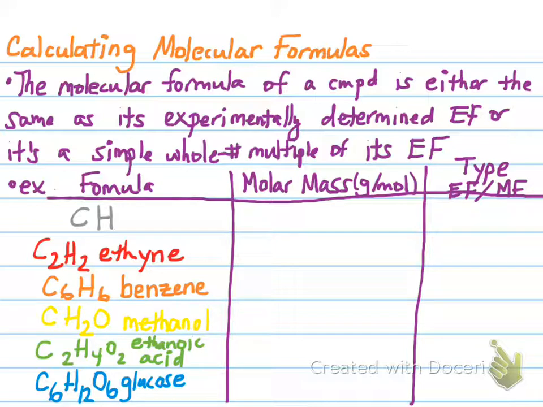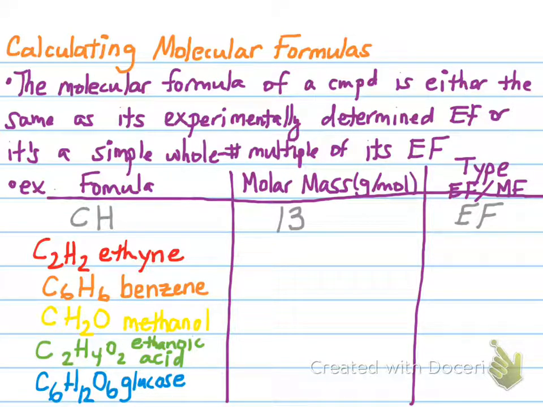So for these, carbon is 12, hydrogen is 1. So 1 carbon at 12 plus 1 hydrogen at 1 makes my molar mass here 13. And this would be an empirical formula because 1 to 1 is the lowest whole number ratio.